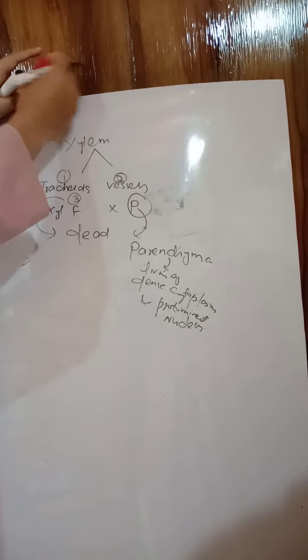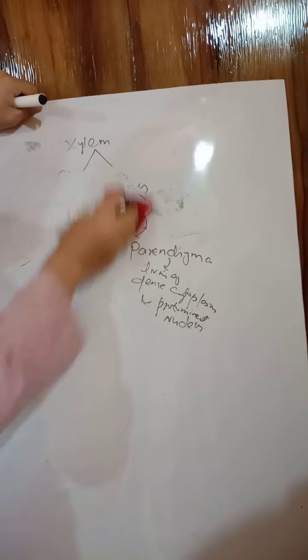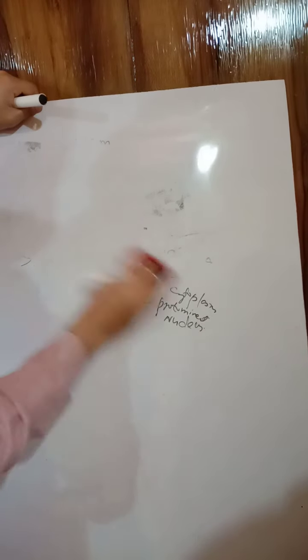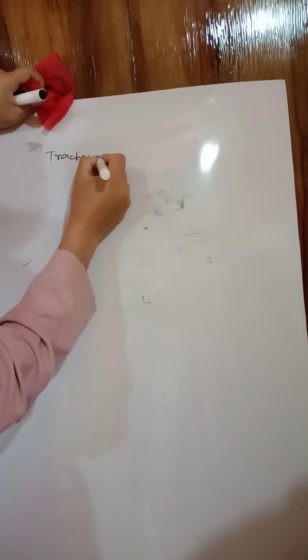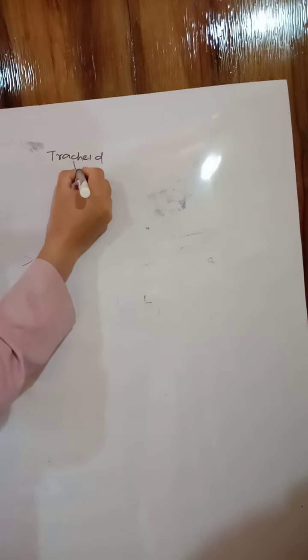First of all, we will take tracheid. Tracheid is the first constituent of xylem.